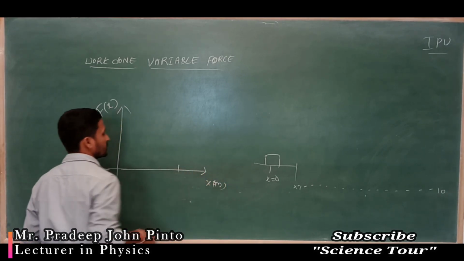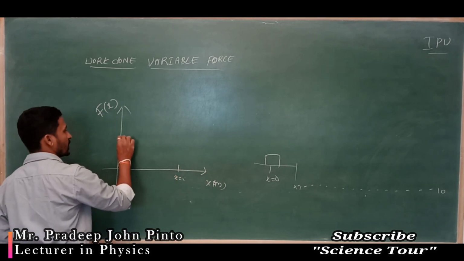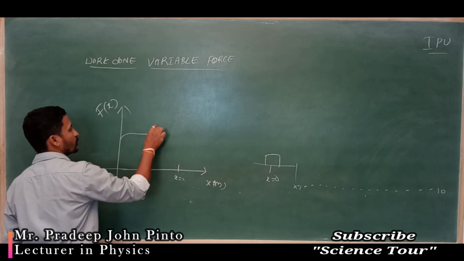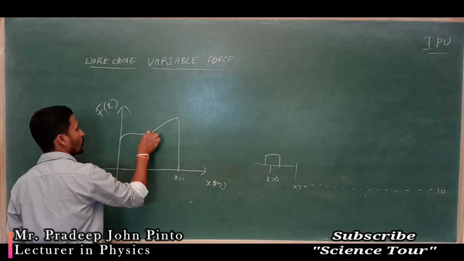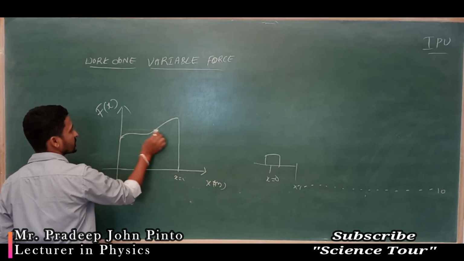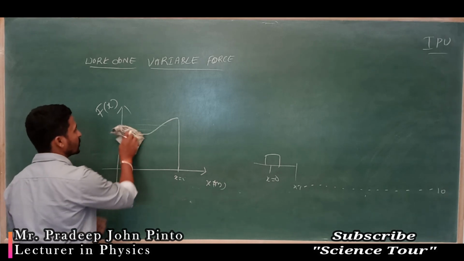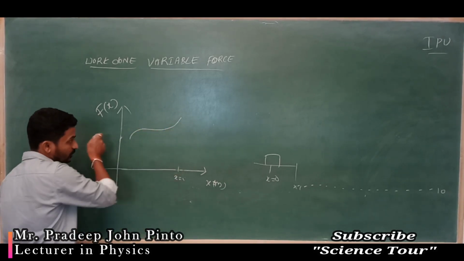Say for example x is equal to 10. So what happens? The force varies, this is less, more, maximum. See, the force is not constant, it varies every time. So I am going to get a graph like this because force is not constant.